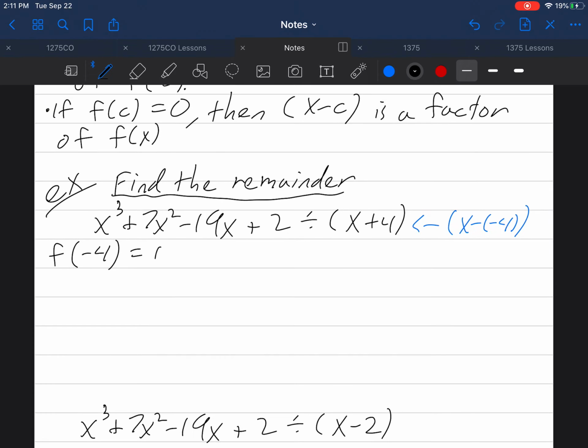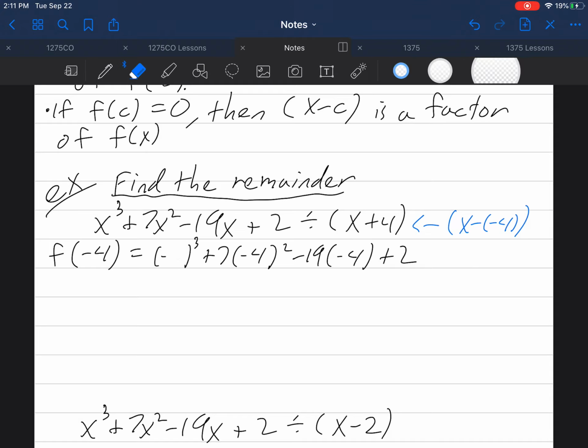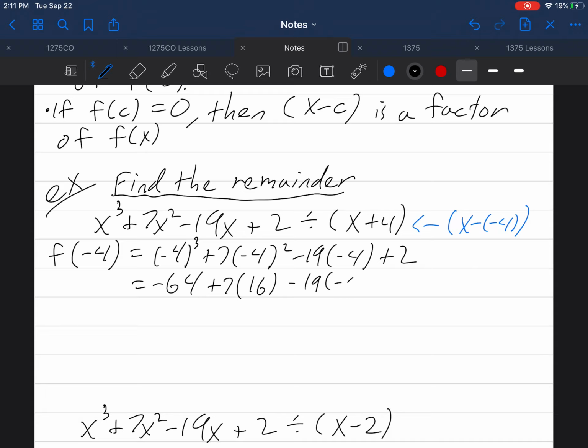That means negative 4 to the third power plus 7 times negative 4 squared minus 19 times negative 4 plus 2. Now you can plug all this into your calculator, or if you want to evaluate it one by one, we use order of operations. That's negative 64 plus 7 times a positive 16 minus 19 times negative 4 plus 2.